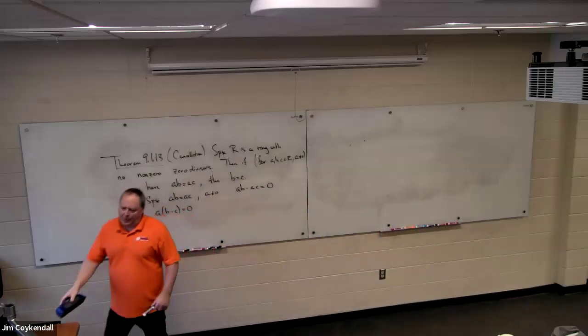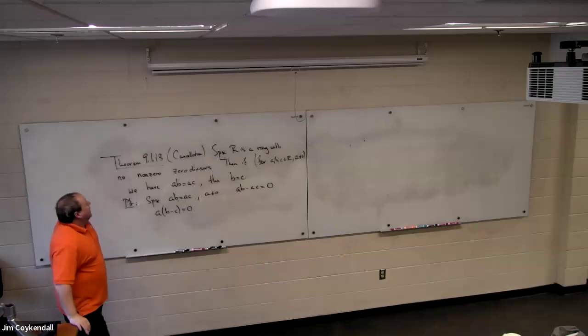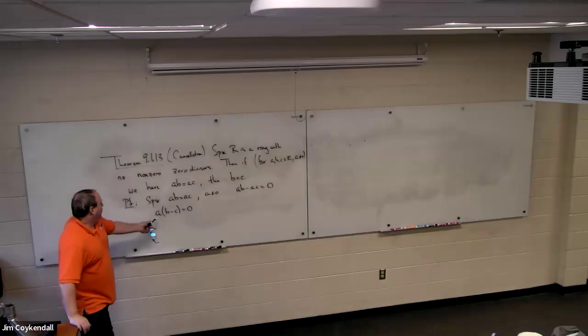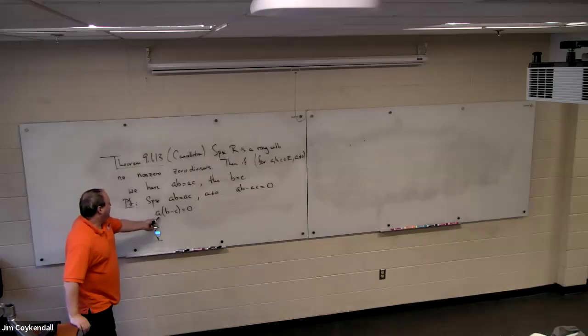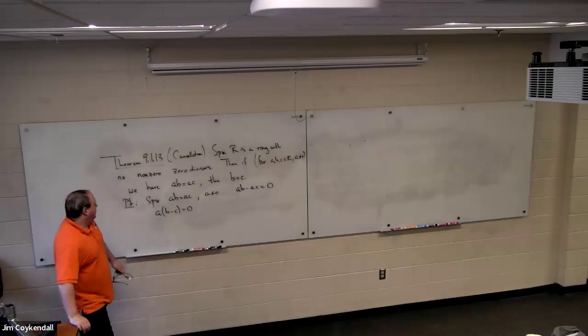I didn't say anything about the ring being commutative. I do need a little bit of commutativity here in a very small way, because what I need is that there aren't any left zero divisors, right?